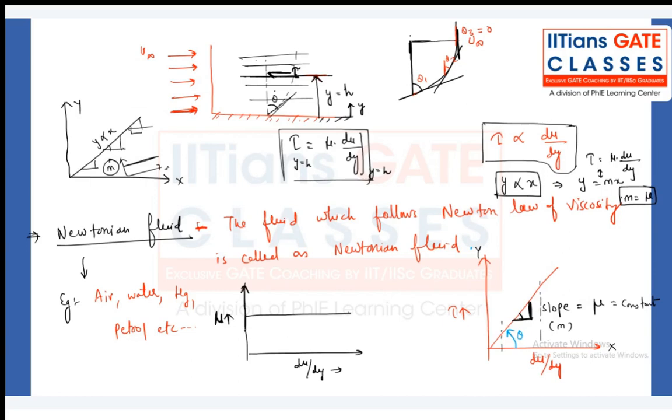Now here, what is the slope? Viscosity. So if you plot viscosity versus velocity gradient, you will be getting one constant line. But this line will not be constant in the case of non-Newtonian fluids. The viscosity will keep on changing.